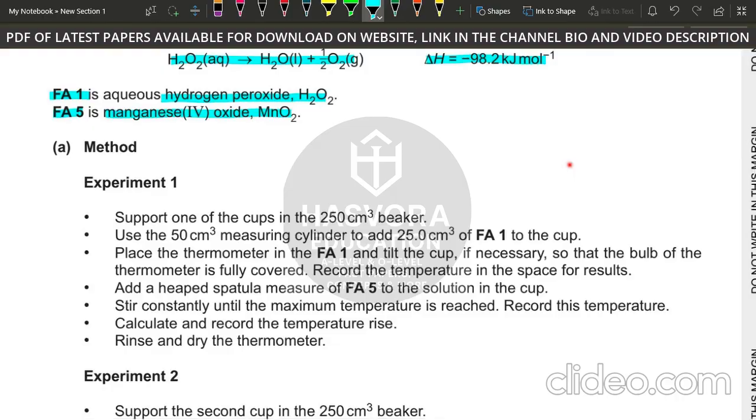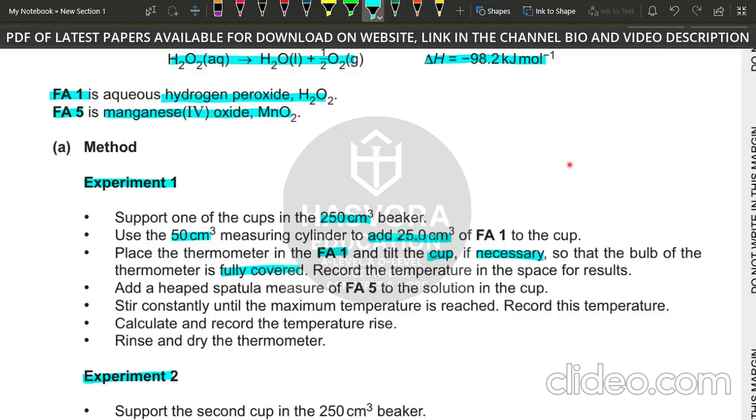Then the method for experiment 1, this is your experiment 1. The results for this are going to be noted as well, and also for experiment 2. Support one of the cups in the 250 cm³ beaker. Use a 50 cm³ measuring cylinder to add 25 cm³ of FA1 into the cup. Place the thermometer in the FA1 and tilt the cup if necessary, so that the bulb of the thermometer is fully covered.